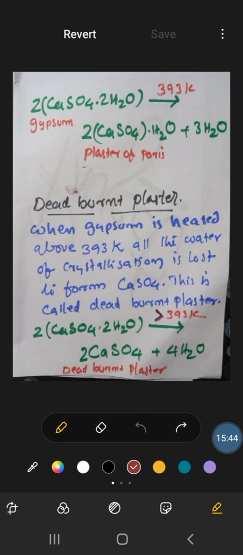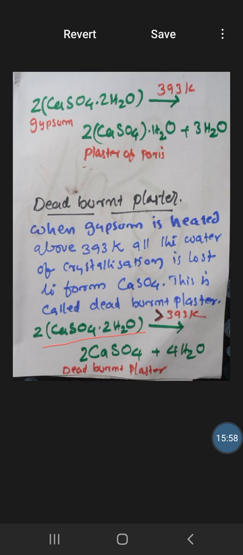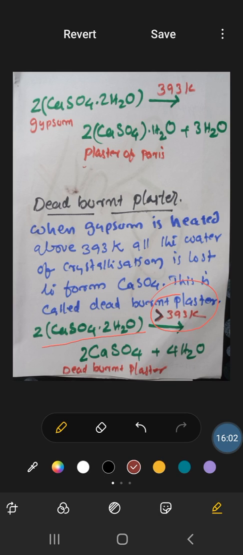So when gypsum is heated above 393 Kelvin, all the water of crystallization is lost to form CaSO4. This is called dead burnt plaster. So very important. So this is a gypsum, you are heating at a temperature above 393 Kelvin, then all the water content.